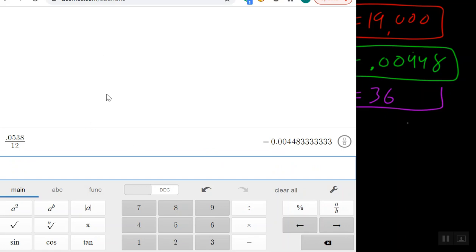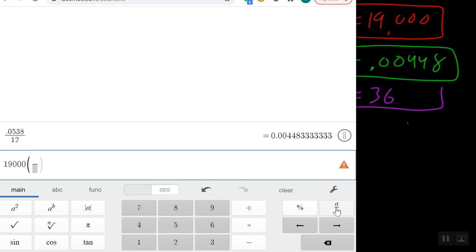Alright, I'm first going to start with my A value, the 19,000. You can't really see the 0, it's kind of cut off, but y'all know how to put in a 0. Then I'm going to put my very first parentheses. From here I go over far to the right where I have this A over B. I'll click that, and we're going to start here in the top.